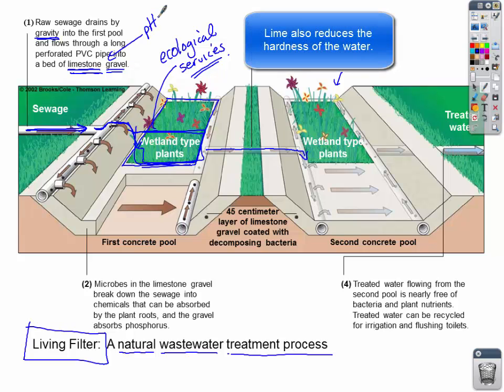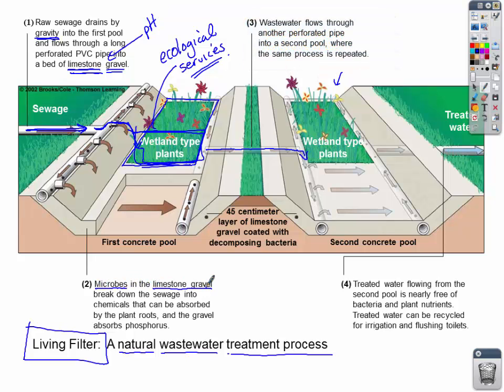Make sure that it's buffered. All right, and then also microbes in that gravel can start to break down the sewage, and they're then absorbed by plants, and the gravel can absorb any phosphorus, so we're collecting any nutrient runoff as well. So the limestone gravel plays a huge part in this living filter.